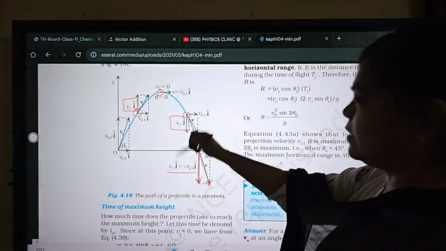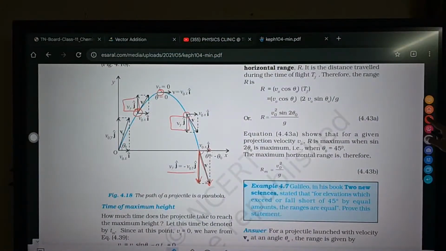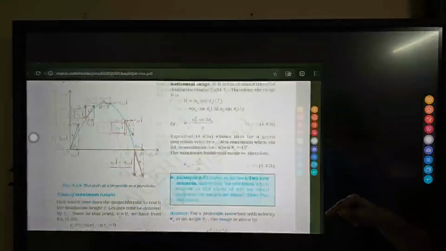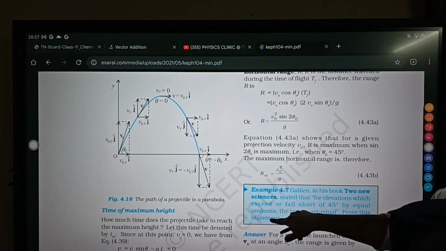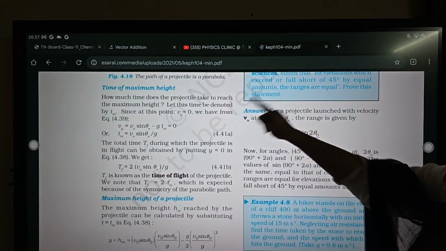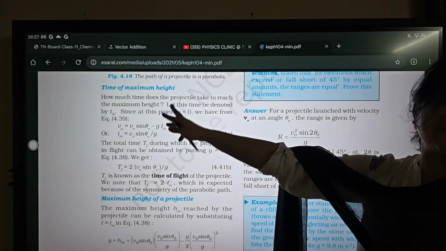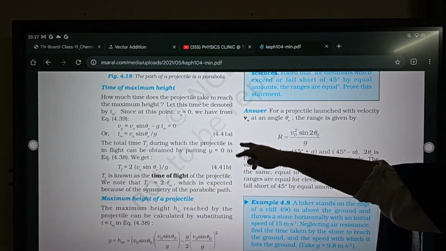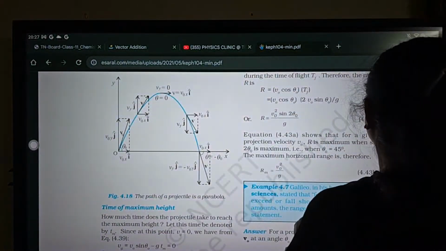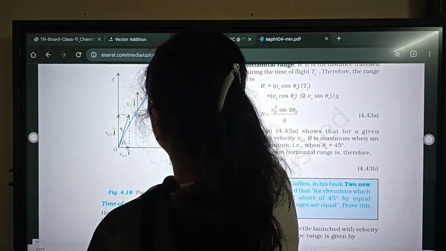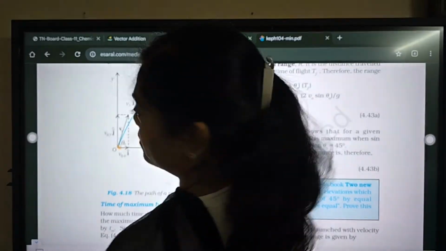Next we are going to find out the time. What is the maximum time the projectile requires to hit the ground? Okay, so first the time of maximum height is determined. So until this one, the time is found until the maximum height is reached.